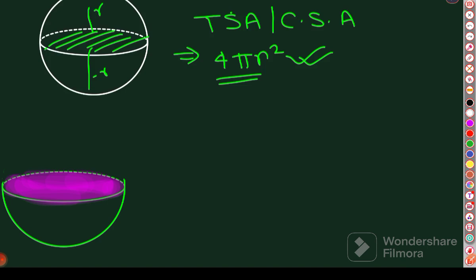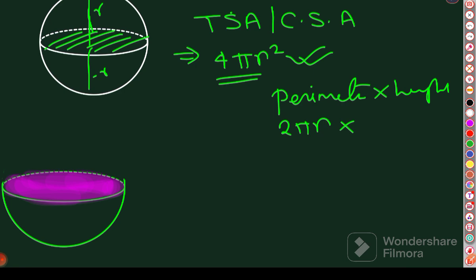Or in a different way I can also explain this: as I told, this is perimeter into height. So you see once, perimeter into height. Perimeter is 2 pi r, right? And here the height is what? This is r and this is r, that means the diameter is 2r. So you multiply 2r: 2 pi r and 2r.